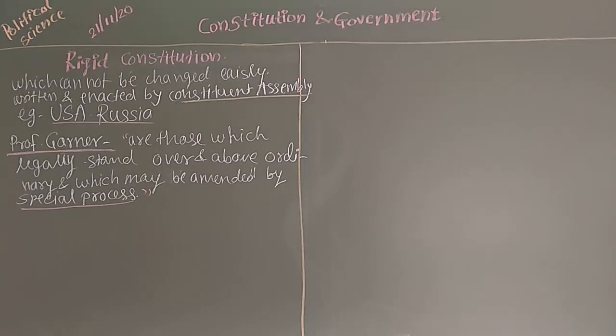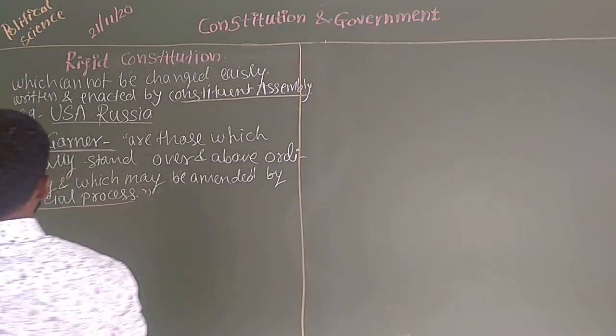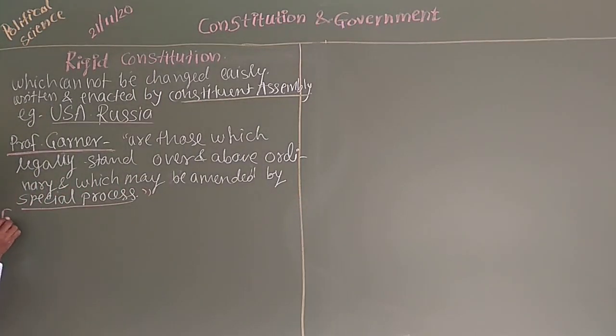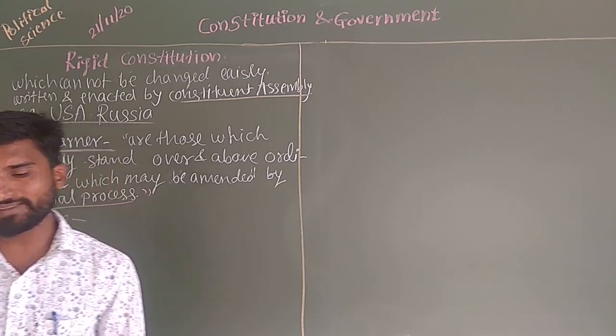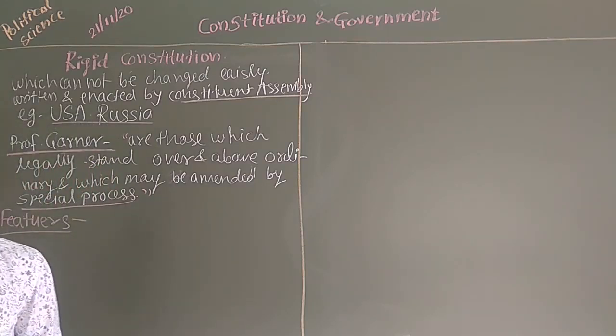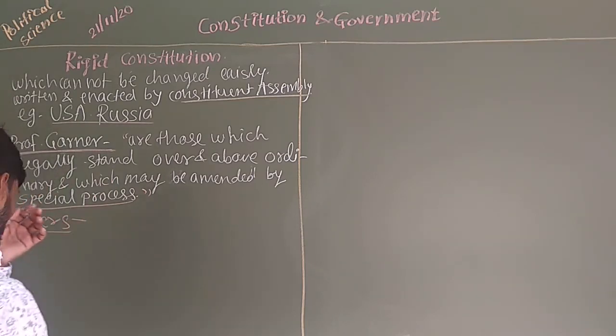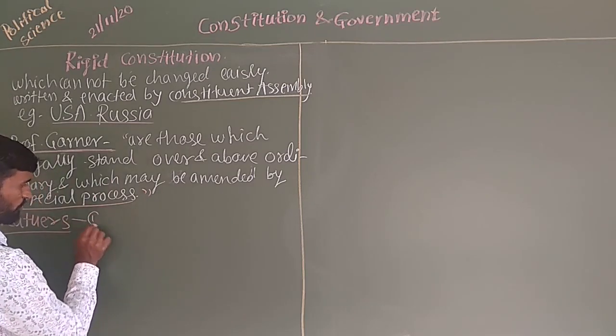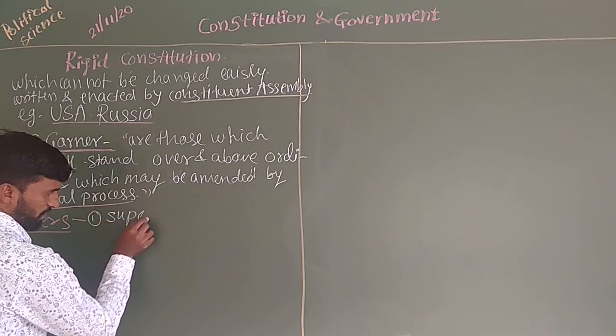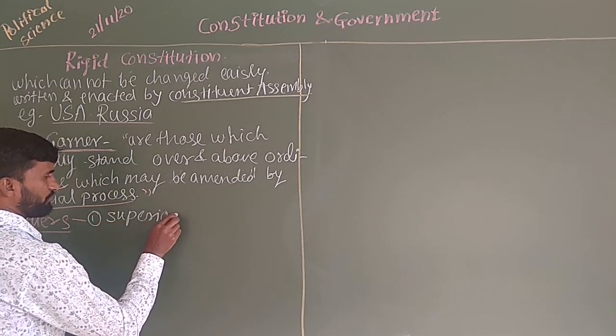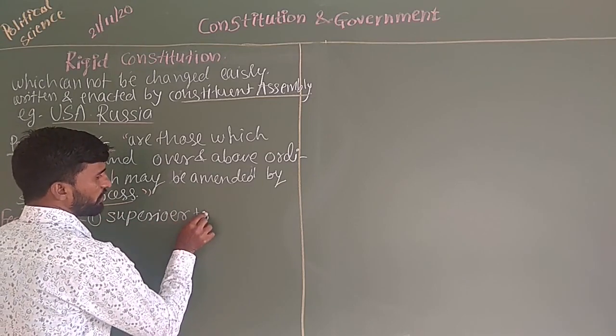Now we'll see what its features are. Features of rigid constitution. So the first thing we can see, it cannot be easily changed. In a rigid constitution, constitutional law is superior to ordinary law.